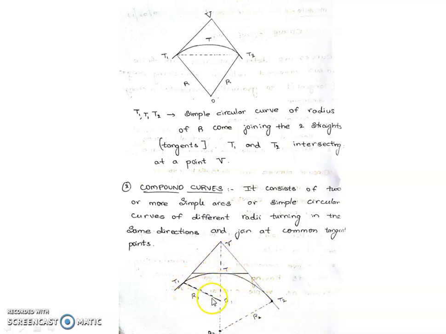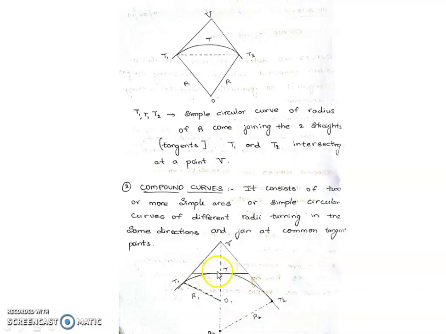You can see here this radius is different, R1, and this radius is different, R2. This is the radius of arc 1, this is the radius of arc 2. But they are both turning in the same direction and they are meeting at the same tangent point. This is the common tangent.